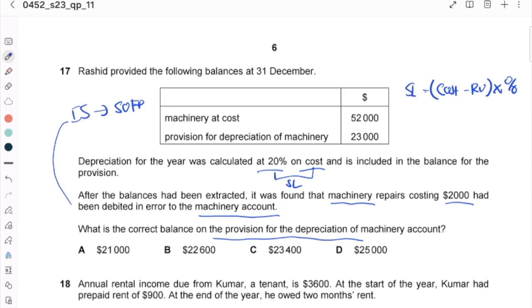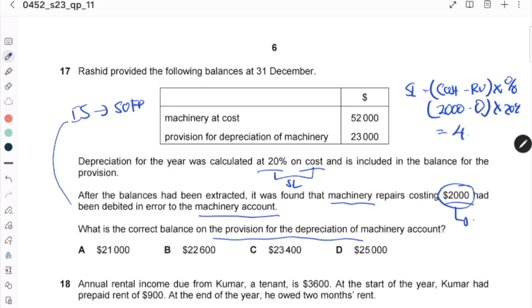The formula is cost minus residual value times percentage. So 2,000 minus residual value of 0, times 20%. So this one is 400.